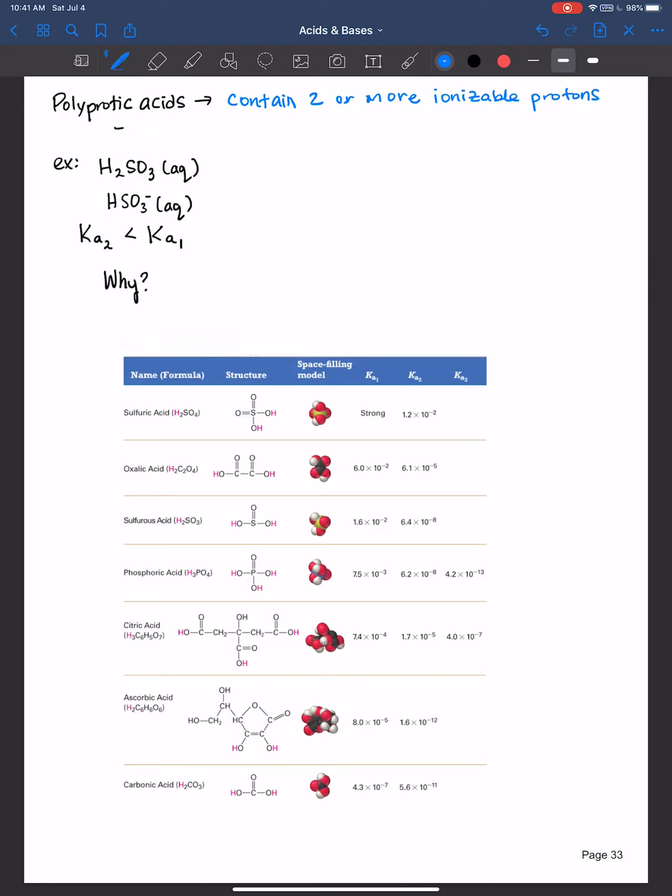Remember, acids are proton donors, so if you have a polyprotic acid, as the name suggests, it can donate two or more protons. And each of these protons ionizes in successive steps, each with its own Ka value.